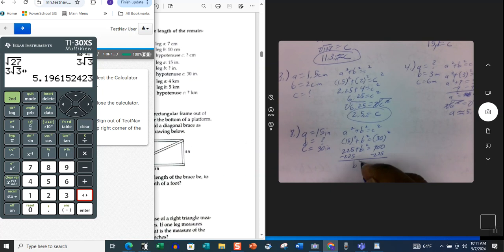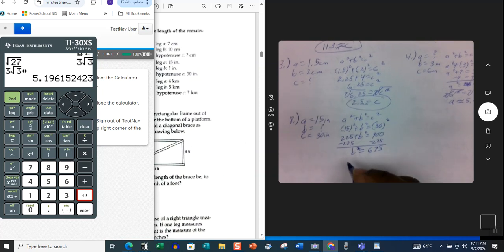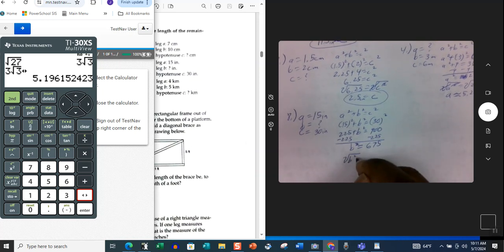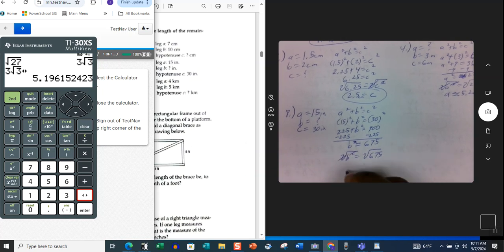And this will be B squared is equal to 675. We'll take the square root of both sides. The square root and square will simplify out, and we have B is equal to, we'll clear this out, second x squared, and then we'll press 675.